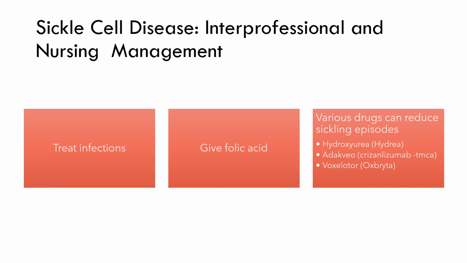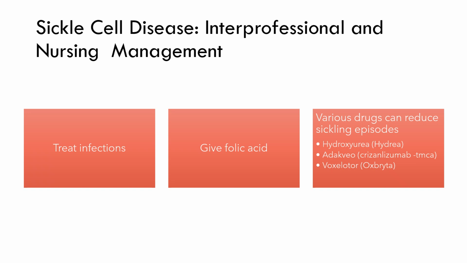Various drugs can reduce sickling episodes. Hydroxyurea increases the production of hemoglobin F and alters the adhesion of sickled RBCs to the endothelium. The increase in hemoglobin F is accompanied by a reduction of hemolysis, an increase in hemoglobin concentration, and a decrease in sickling cells in painful crises.